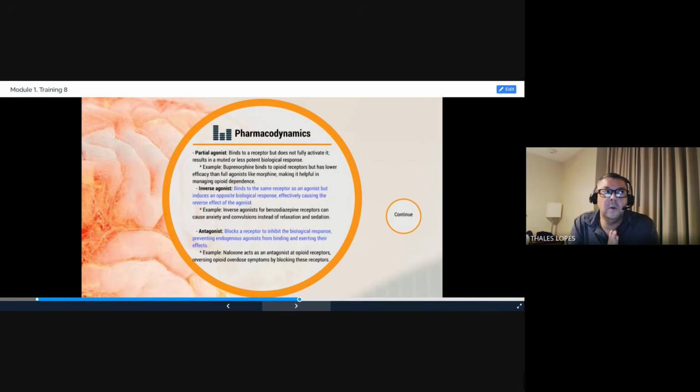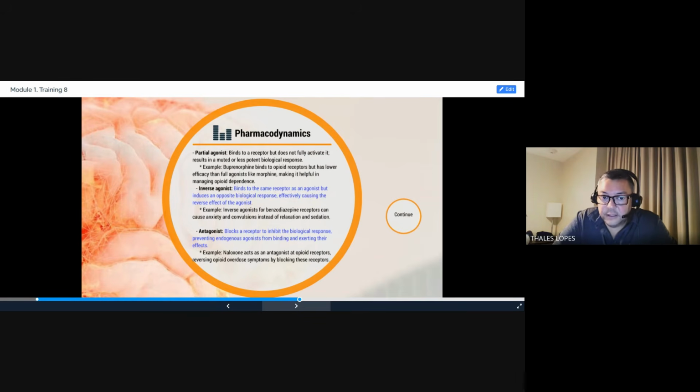Okay, so a good example here. Let's say, what would be an inverse agonist for a benzodiazepine? That can cause anxiety and convulsions, while treating for relaxation or sedation, for example, right?